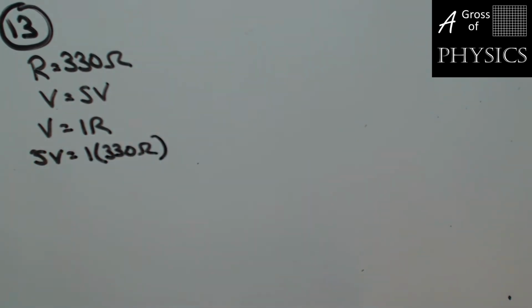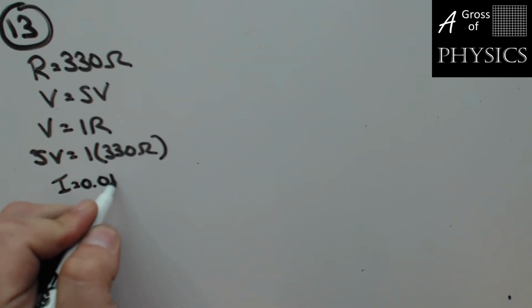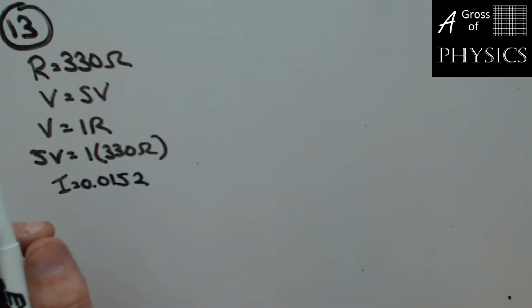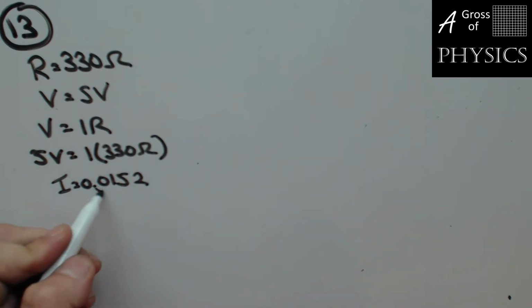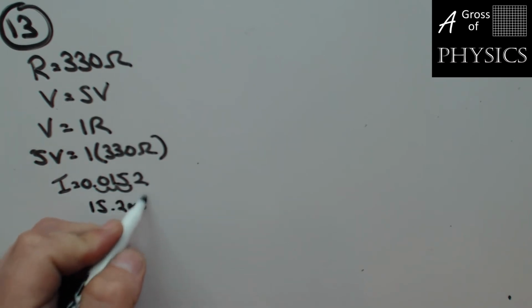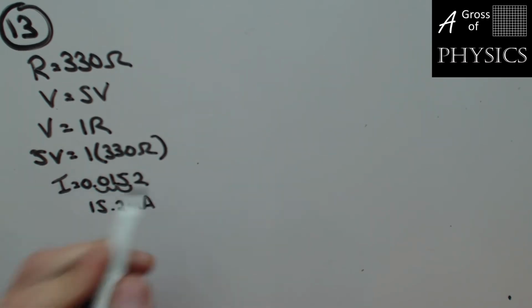And we divide 5 divided by 330. I is 0.0152. Now everything's in milliamps, so we go 1, 2, 3: 15.2 milliamps, which is choice 2.